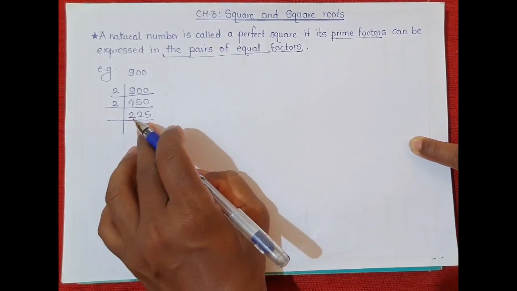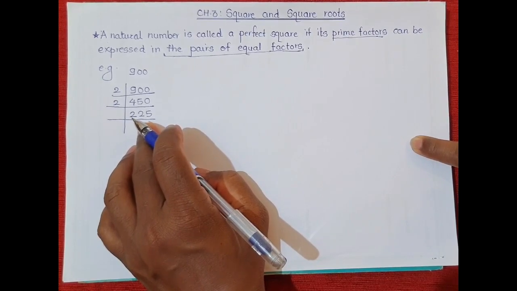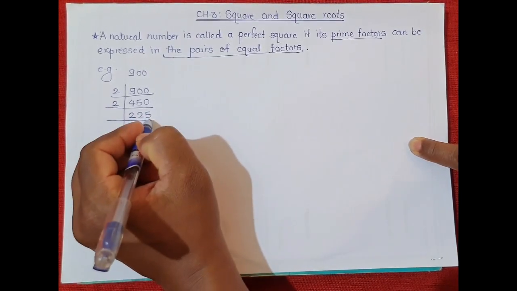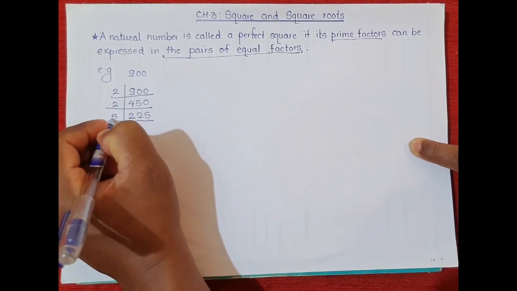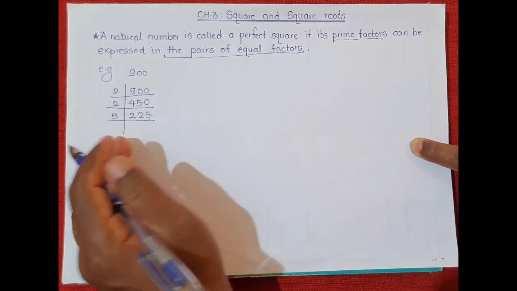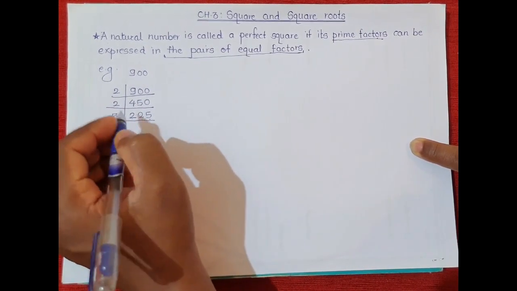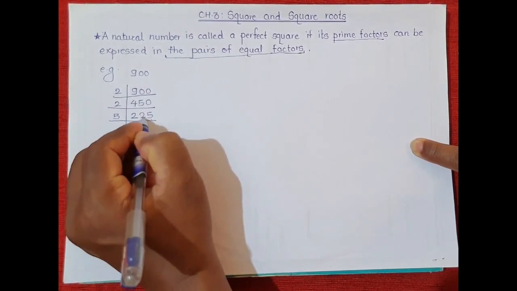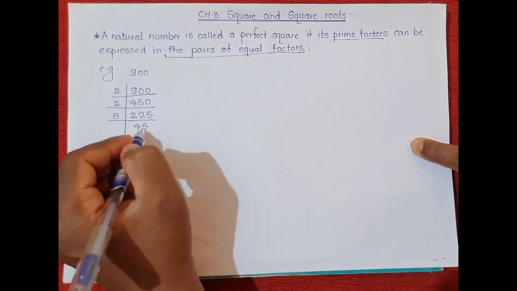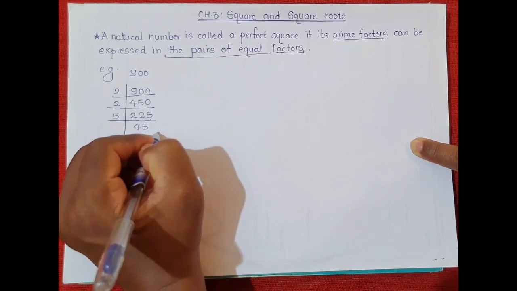Okay, now 225 is not divisible by 2, since the last digit is 5. Since the last digit is 5, it is divisible by 5, or it is divisible by 3 also, because the sum of the digits is 9. So let us divide it by 5. 5 4s are 20, 2 carry forward, 5 5s are 25. So we got the answer 45.